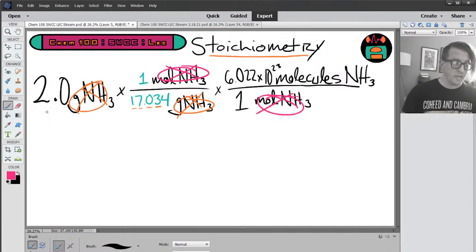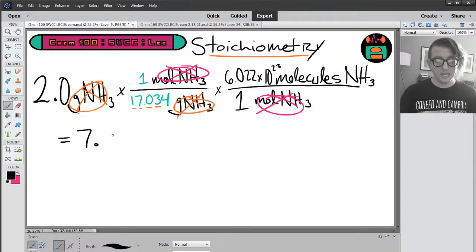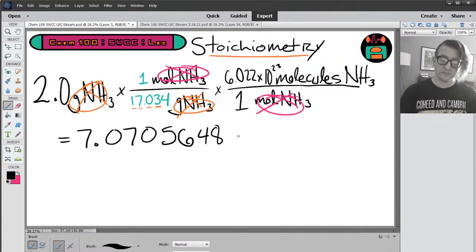So the value that I'm getting from my calculator is 7.0705648 times 10 to the 22nd molecules.